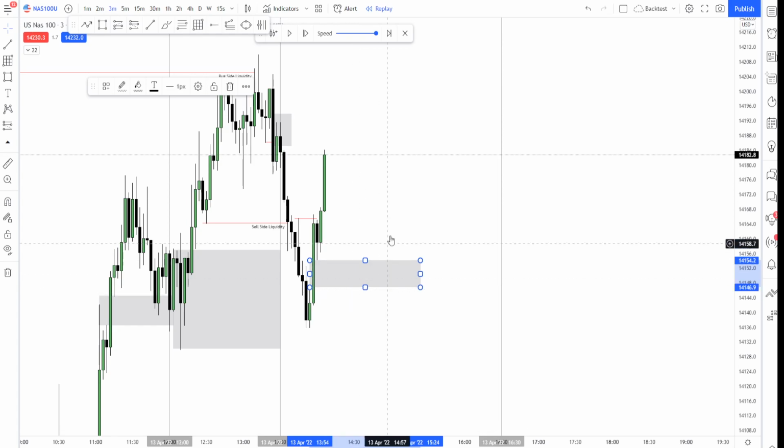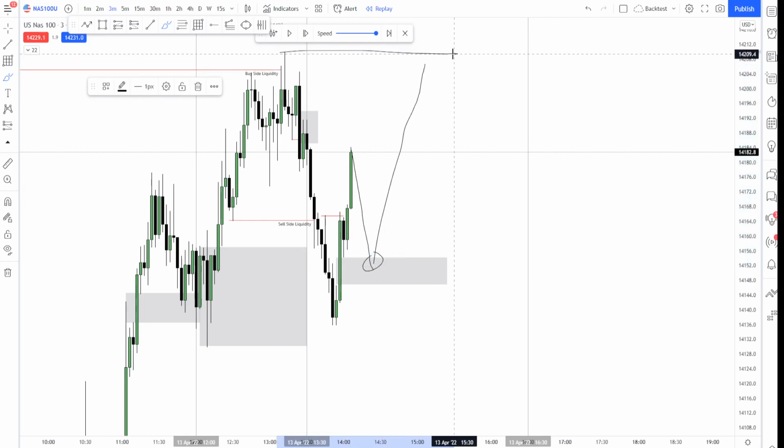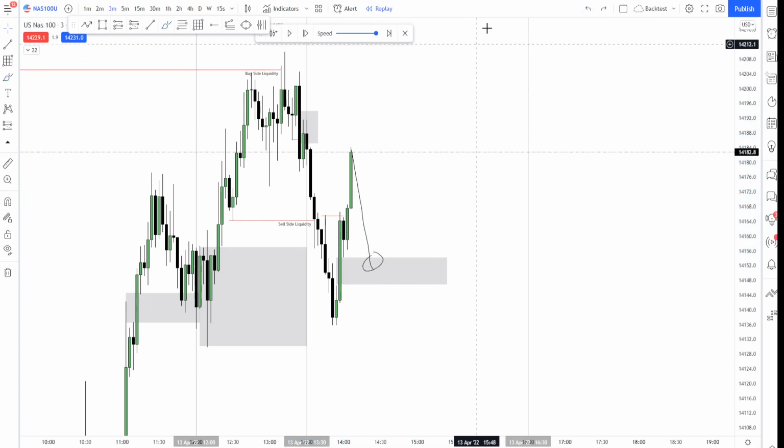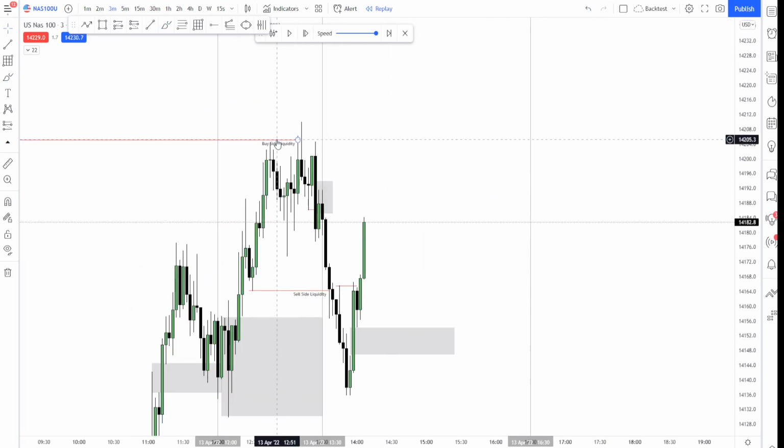Now, what we're looking for, since it broke structure, we want price to come back down here and then continue and give us a buy side liquidity pool up there. So let me just move this one to the side.